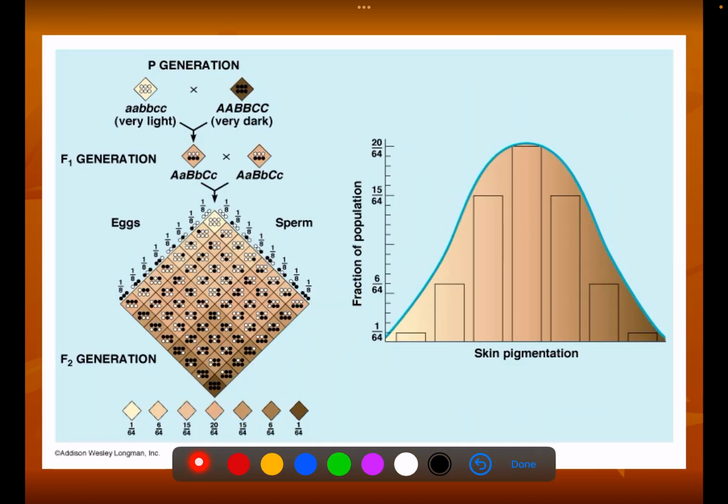Okay, so here's an example of skin tone in a population graph. Look at the skin pigmentation among members of a population and the extent to which you would find darkly pigmented individuals versus light pigmented individuals, and then all of this spectrum in between.